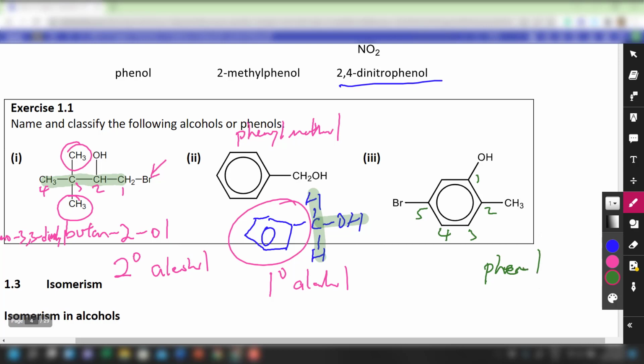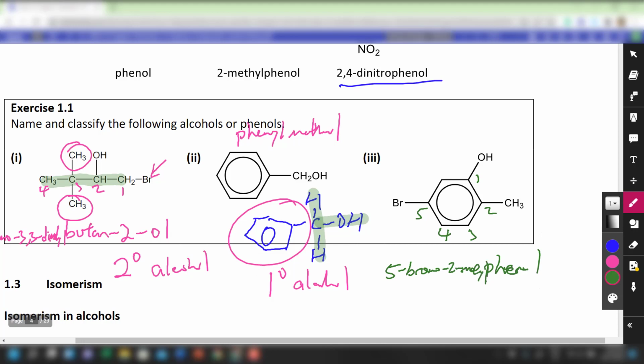And then second position is a methyl group, so we'll call it 2-methyl, and then fifth position is a bromo, so that will be 5-bromo. So you might call it 2-methyl 5-bromophenol. But we have to number the substituents in alphabetical order. So in this case, we'll name it as 5-bromo-2-methyl phenol.